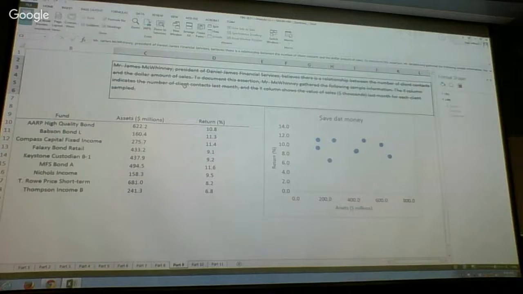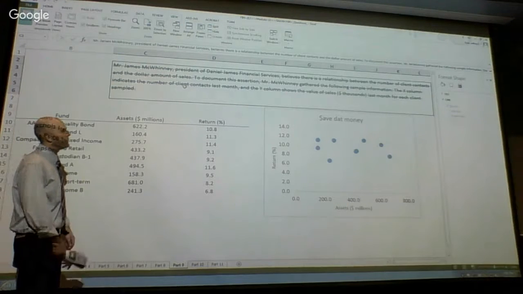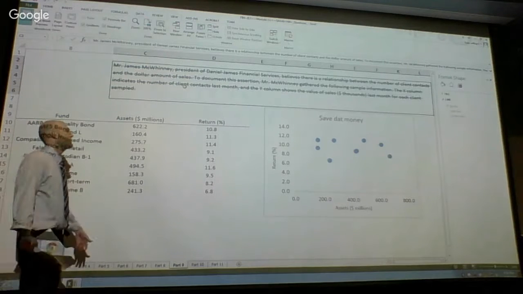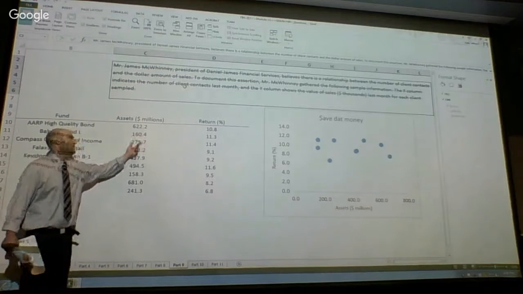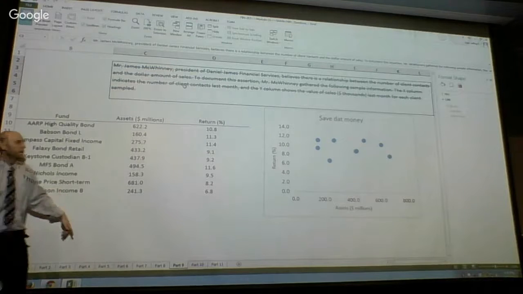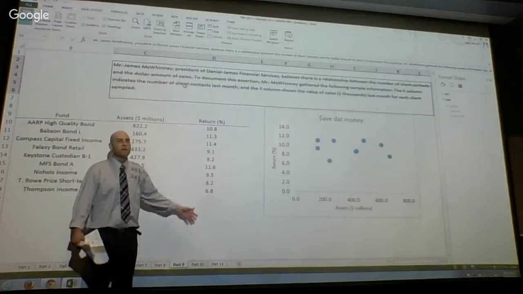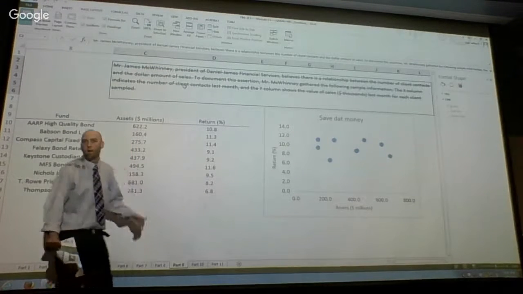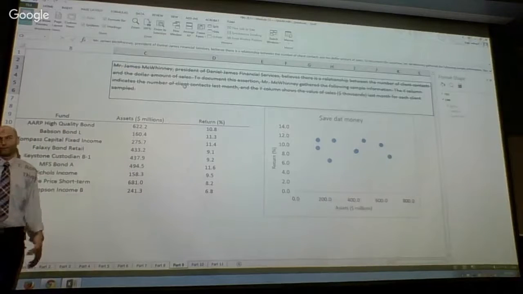What we have to do now is recognize that those were the same words from the last problem, but this is different data. So, Mr. James McQuinney of the Daniel James Financial Services Company believes that there is a relationship between the assets in millions of bonds in a portfolio and the return percent which is made from said bond.